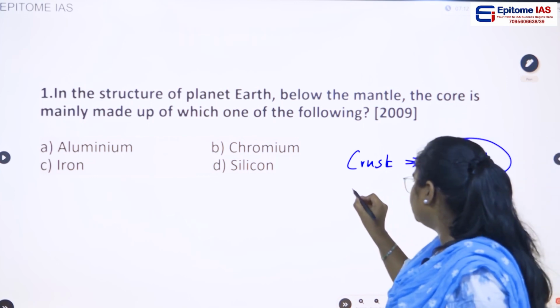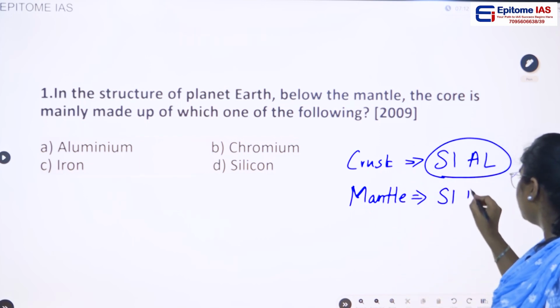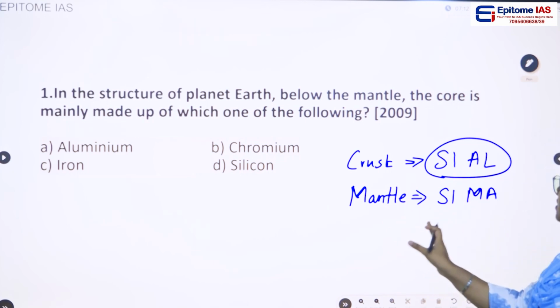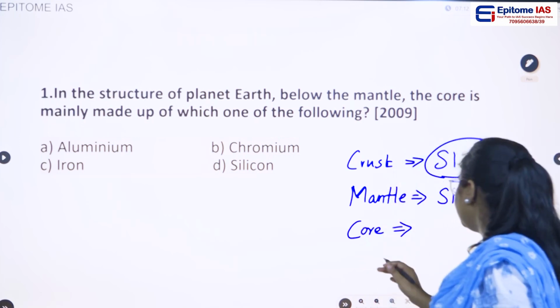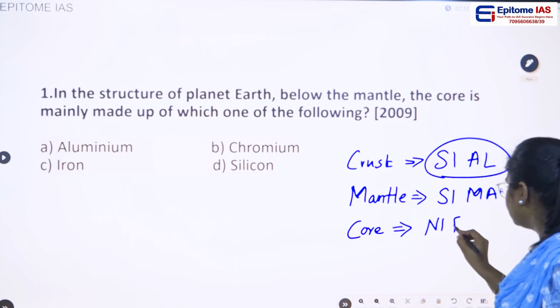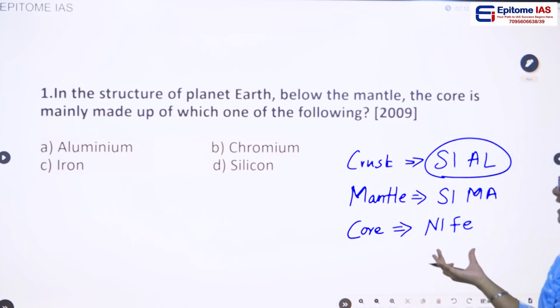And the mantle is mainly made up of silicon and magnesium. That's why this layer, mantle, is also known as SIMA layer. And the core is majorly made up of nickel and iron. That's why this layer is also known as the NIFE layer.